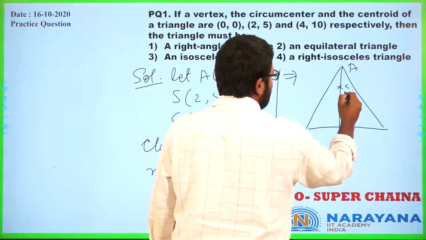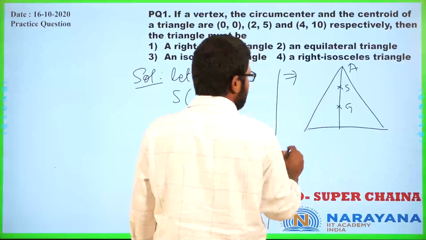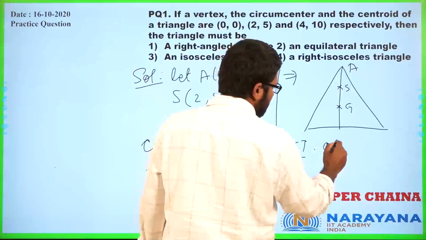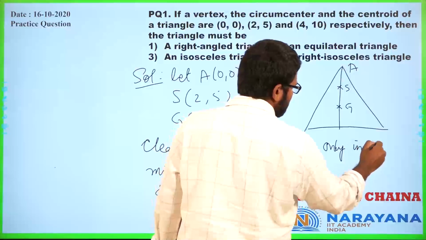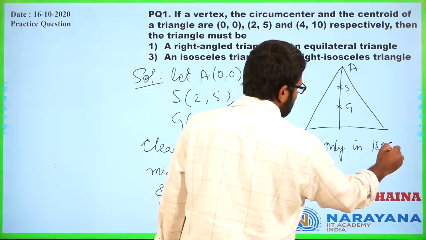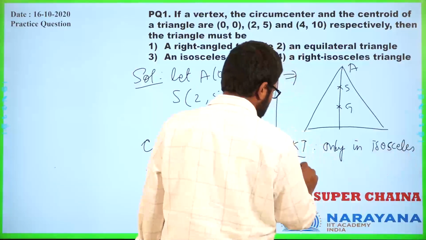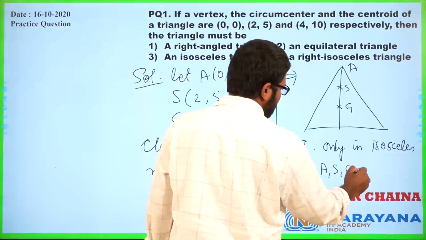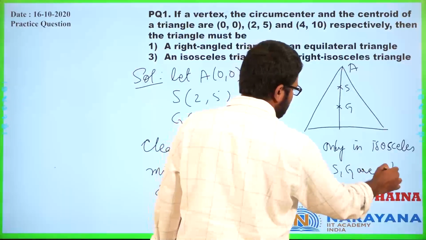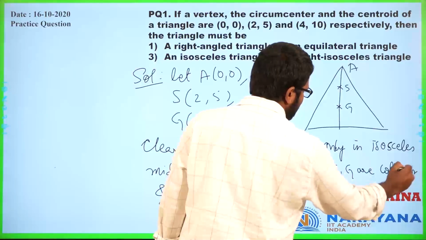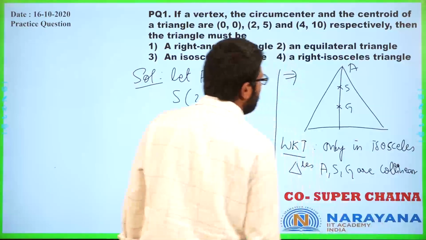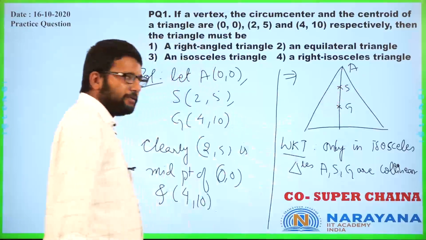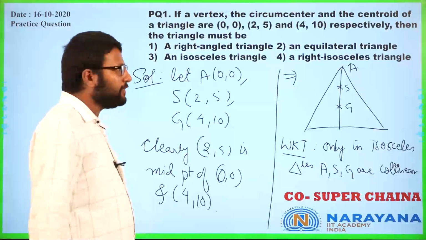A, S, G, right? We know that only in isosceles triangles A, S, G are collinear. Why not an equilateral triangle? Because in an equilateral triangle, S and G would be at the same point. It is not equilateral.